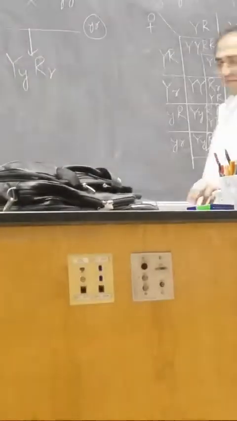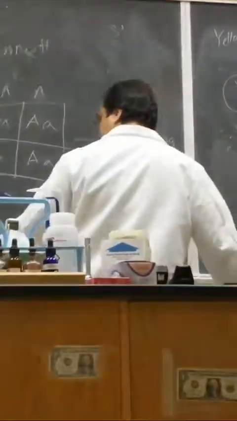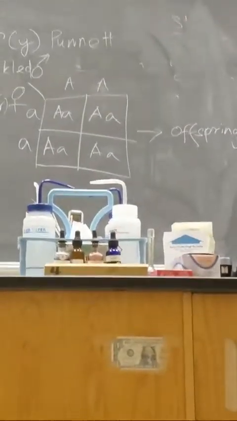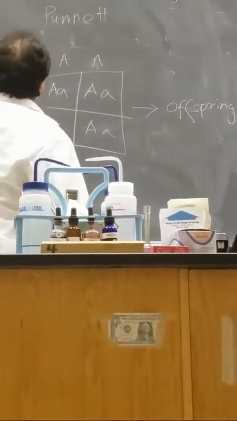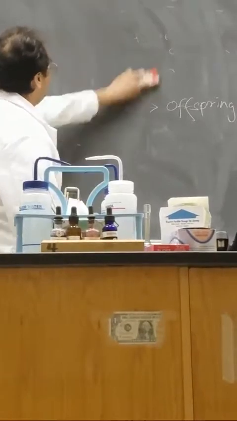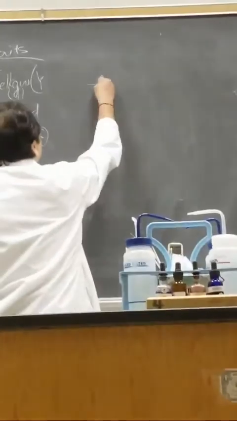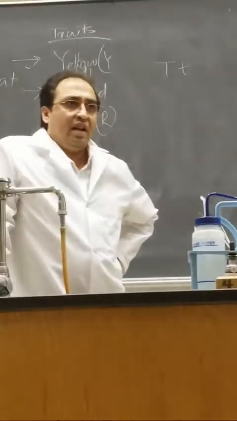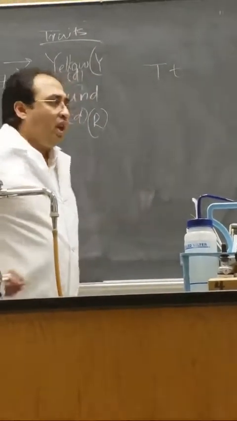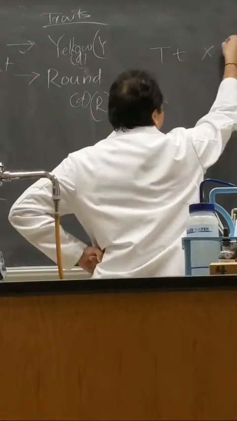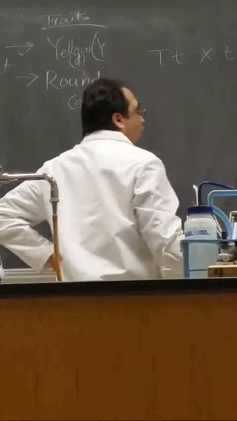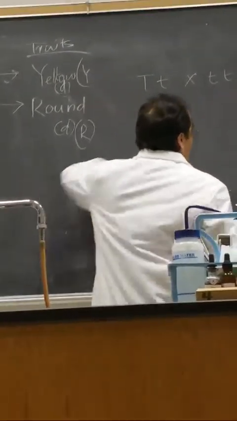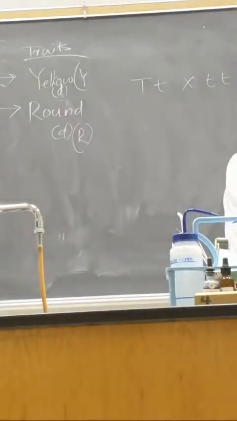Now think about the monohybrid cross again. We got this combination as a hybrid. If I cross this one with the recessive one, what will happen? And if I cross it with the dominant one, what will happen?